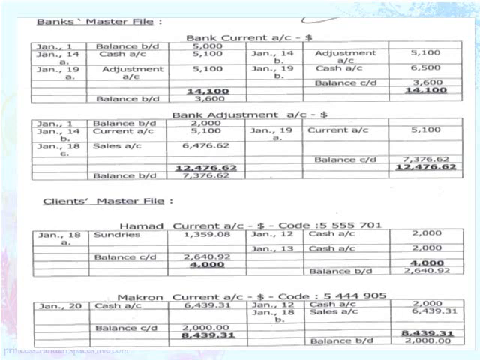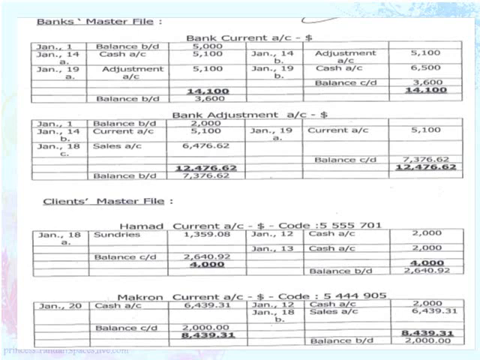I mean, there was a balance, there was a deposit, and there also was a transfer from the adjustment account, and a transfer to the adjustment account, and also a withdrawal in cash, and finally you have a balance of $3,600.